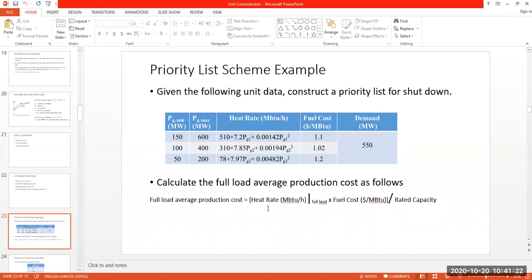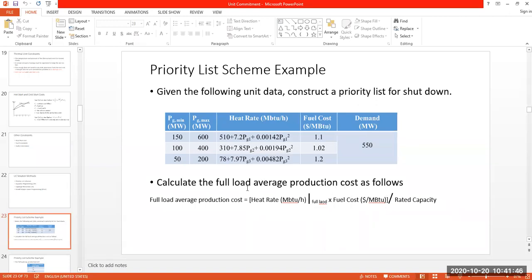So you calculate the heat rate for full load. Okay, this bar with the subscript means that this heat rate value is calculated at the full load value. Then you multiply it by the given fuel cost, which is still in dollars per MBTU, and then you get the fuel cost.